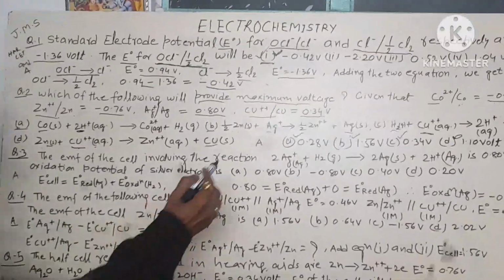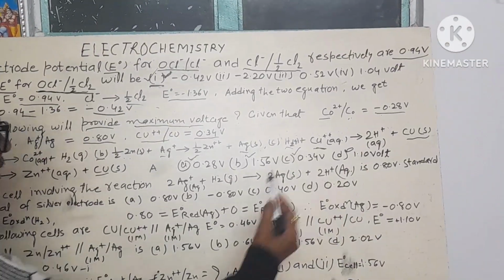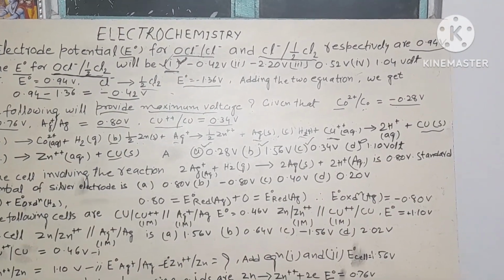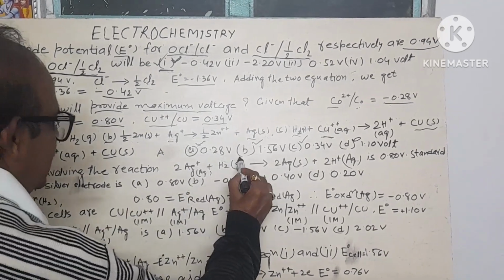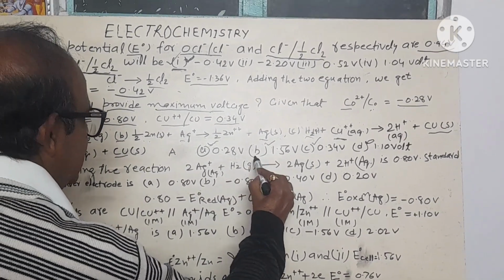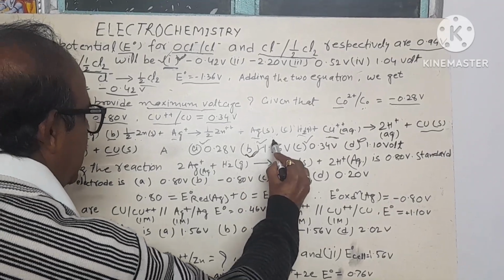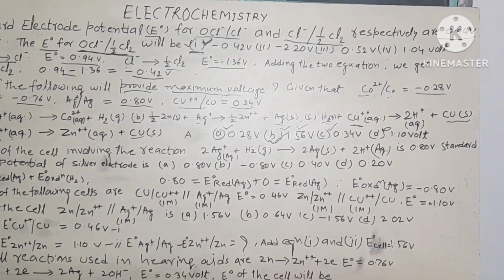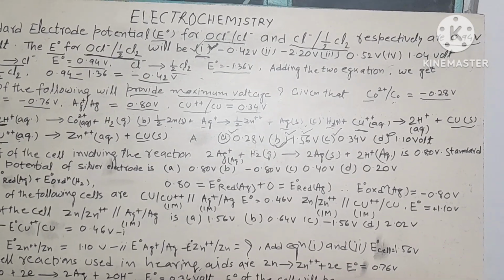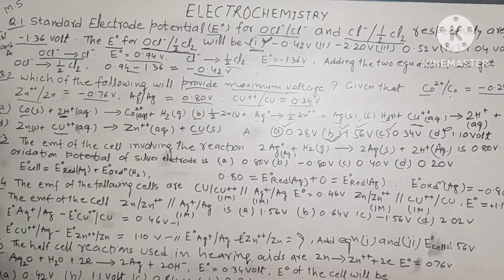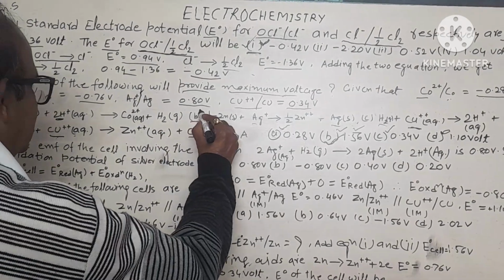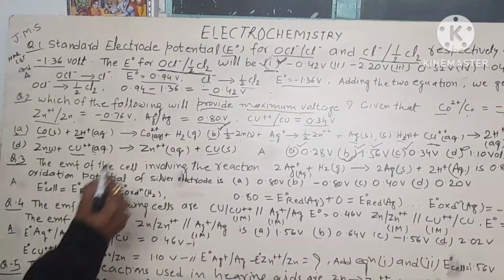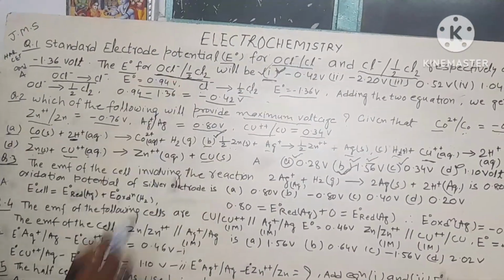Then see, you have calculated E cell for all four cells. Now see which value is more. Here see, B is more. 1.56 is more. Hence the correct option, the correct answer, will be B. Correct?